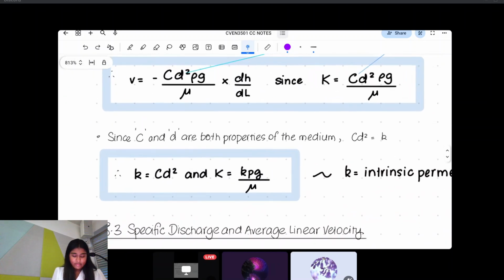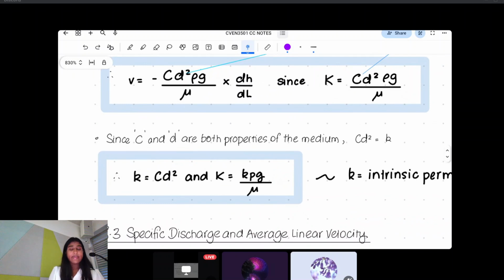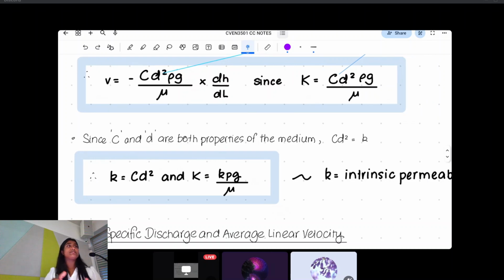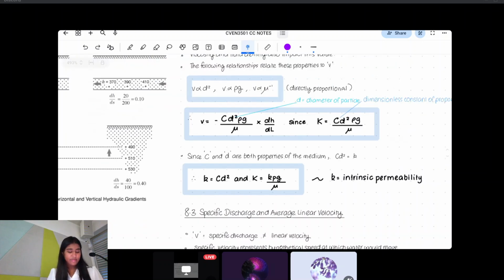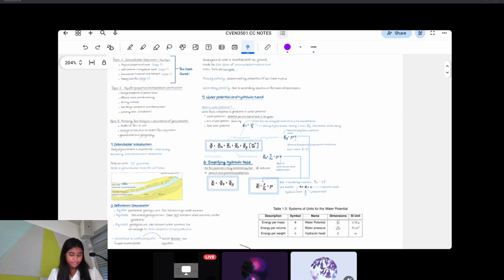And since proportionality and the little d are both properties of the medium, which is the, I guess, sand or the geotechnical material in the aquifer, for example, like the limestone or the sandstone in this diagram way up here.